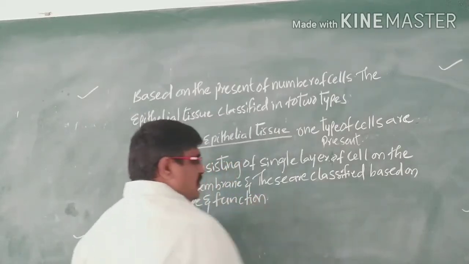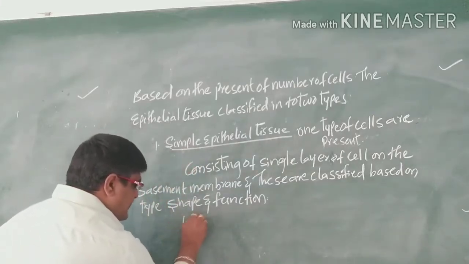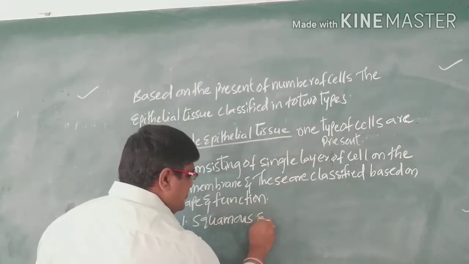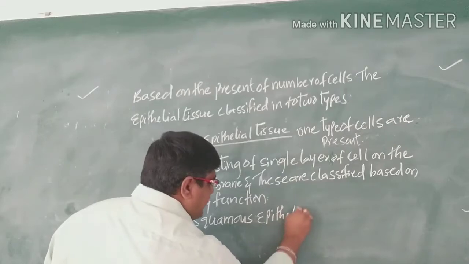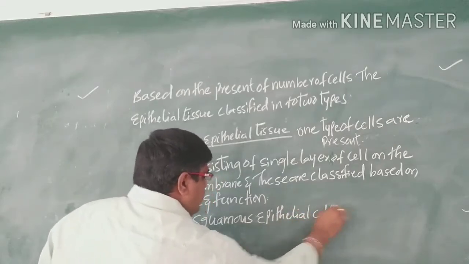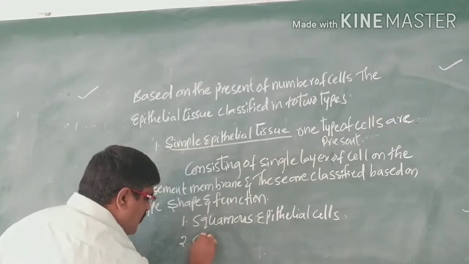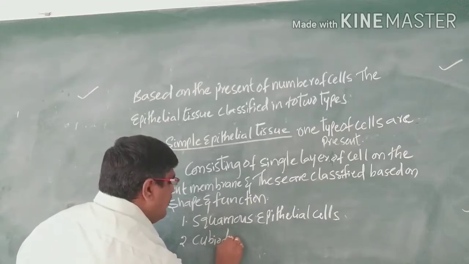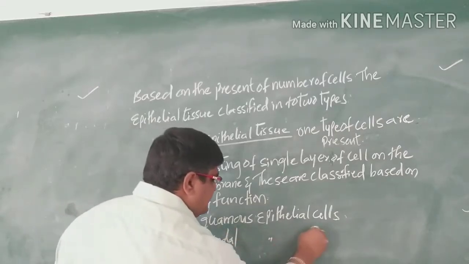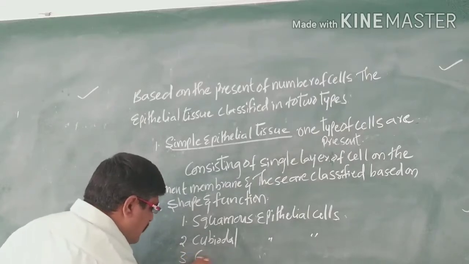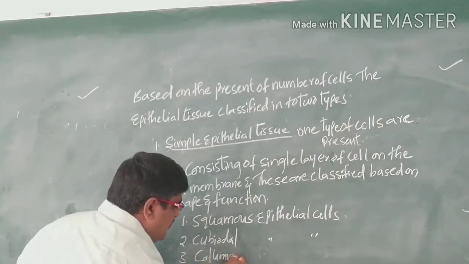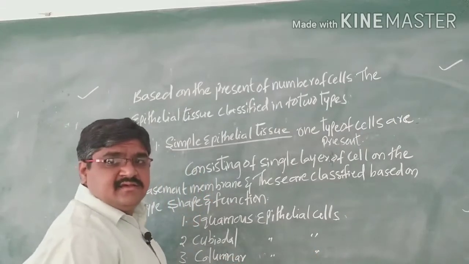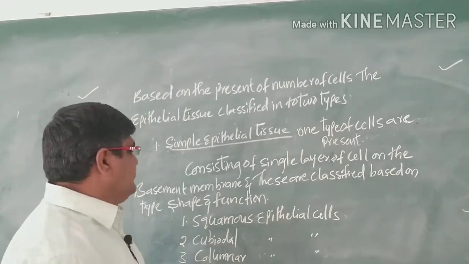The first is squamous epithelial cells, the second is cuboidal epithelial cells, and the third is columnar epithelial cells.